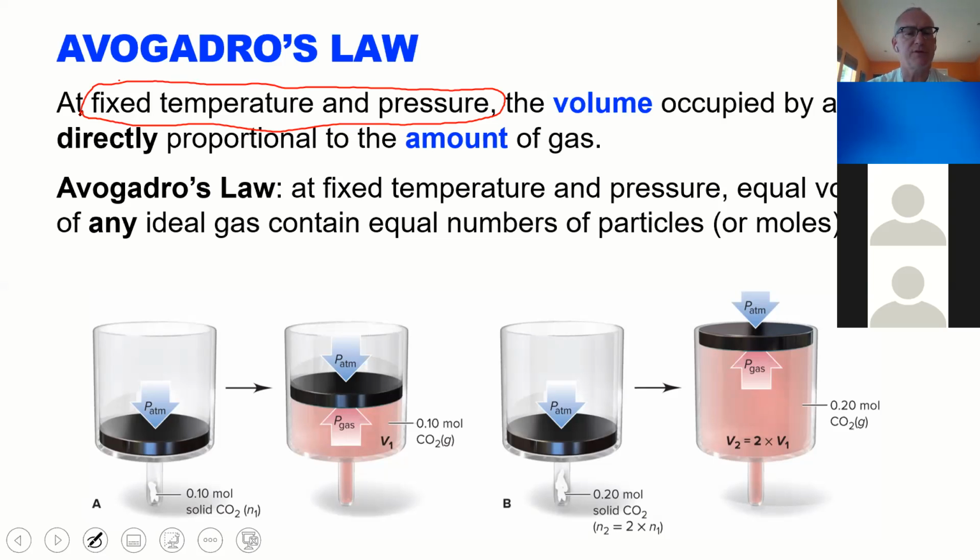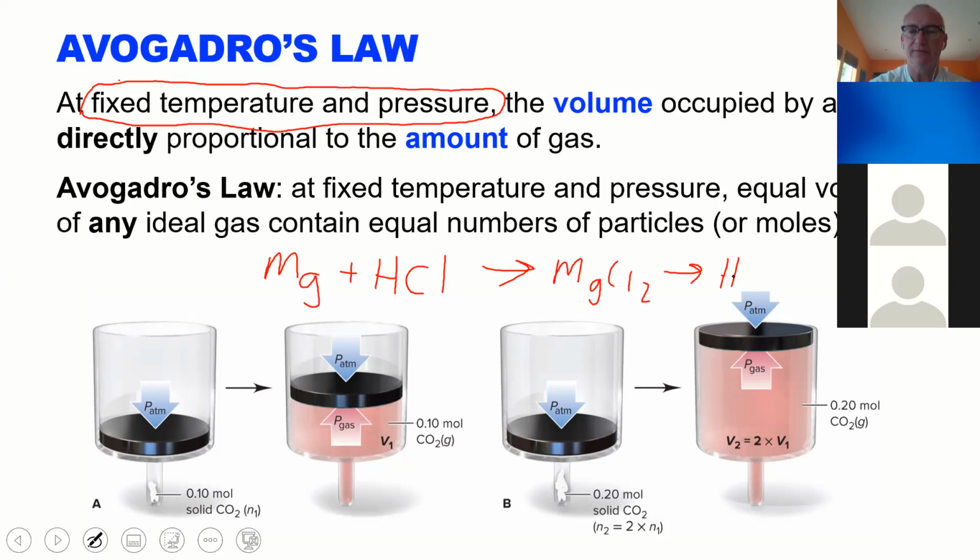Mostly, you would take a metal and react it with hydrochloric acid, and that gives you a salt and the release of gas.